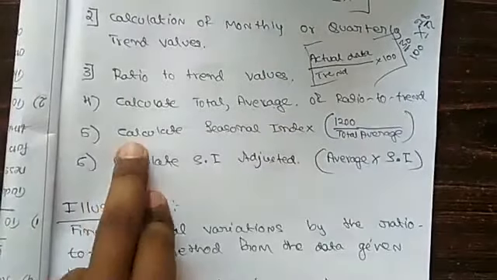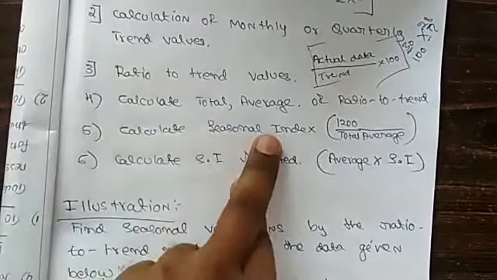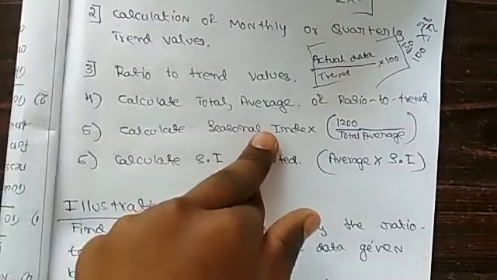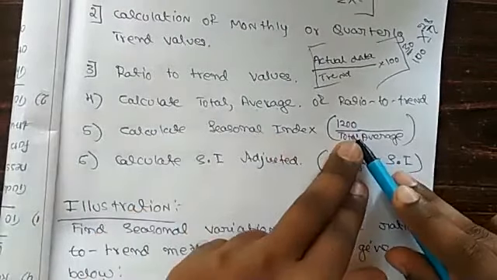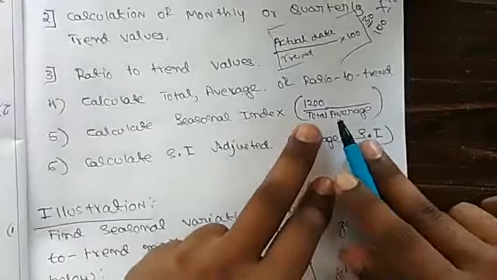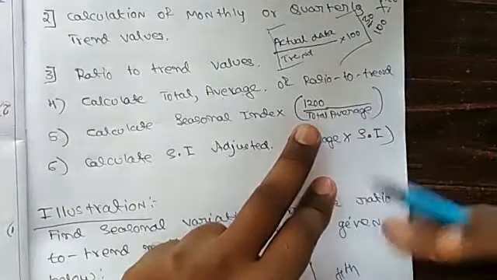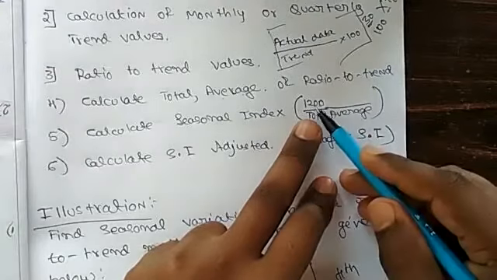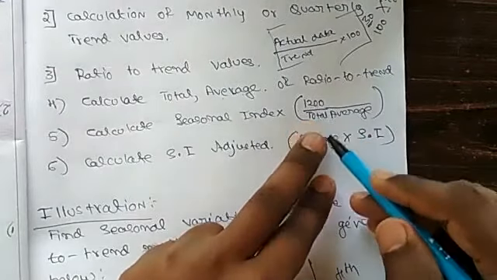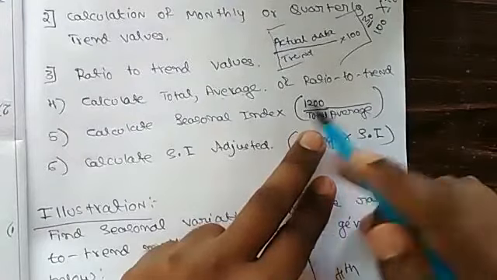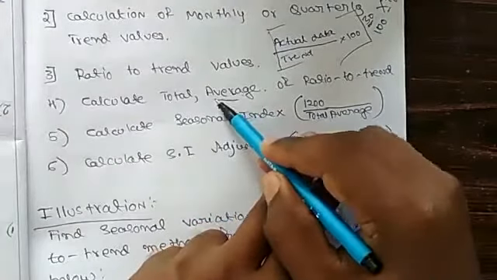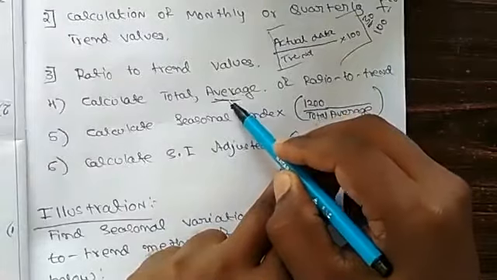Then we can calculate the seasonal index by using this formula. If the data is given monthly, it is 1200, because 12 into 100 gives 1200. So 1200 divided by the total average. Previously we calculated the average for each quarter or each month.